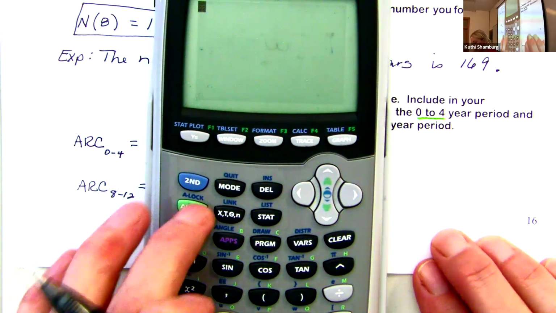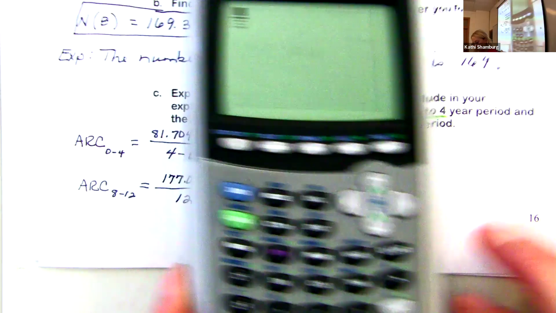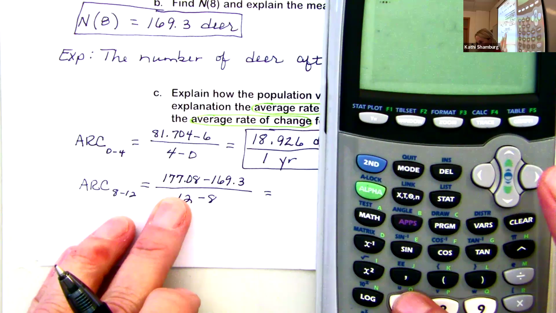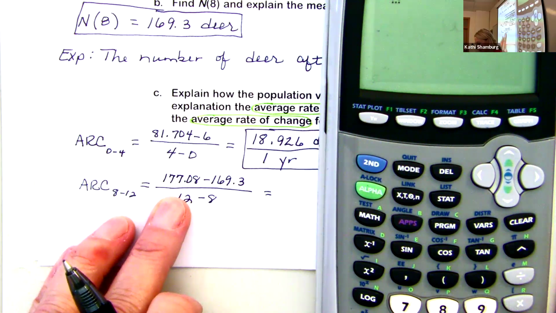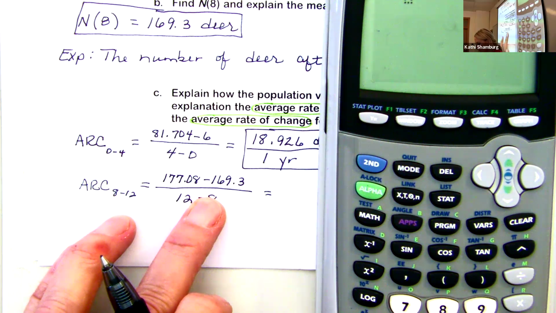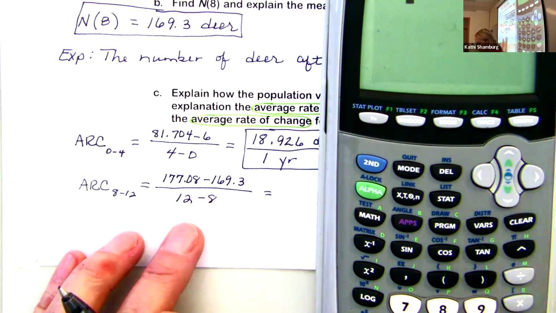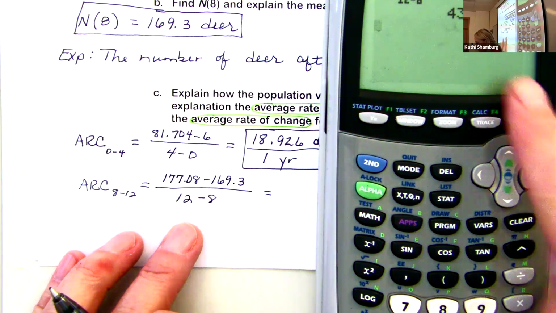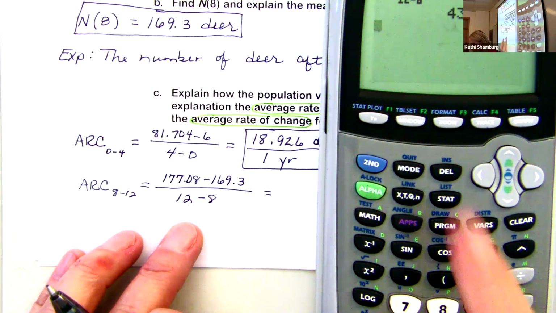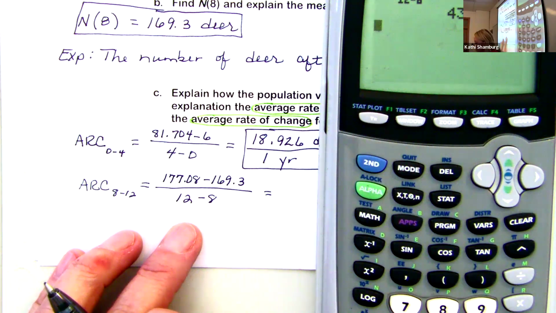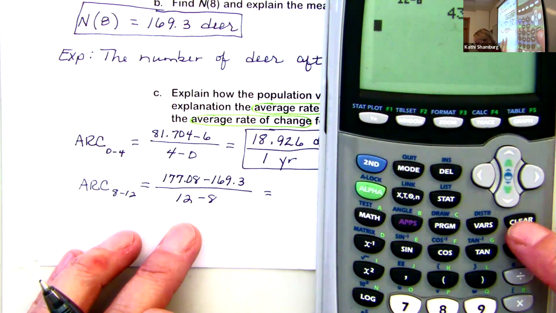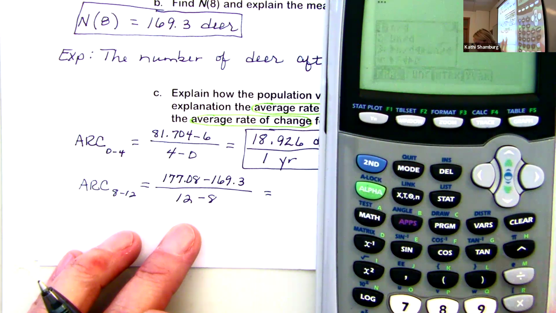Clear that out. Alpha y equals 1. No, my numbers 177.08 minus 169.3 over 12 minus 8. Oh, I did something wrong. Oh, look, I don't have a decimal point in the 177 because I was like, that is not right. 0.08. All right, is that more like what you guys got? Yeah. Okay.